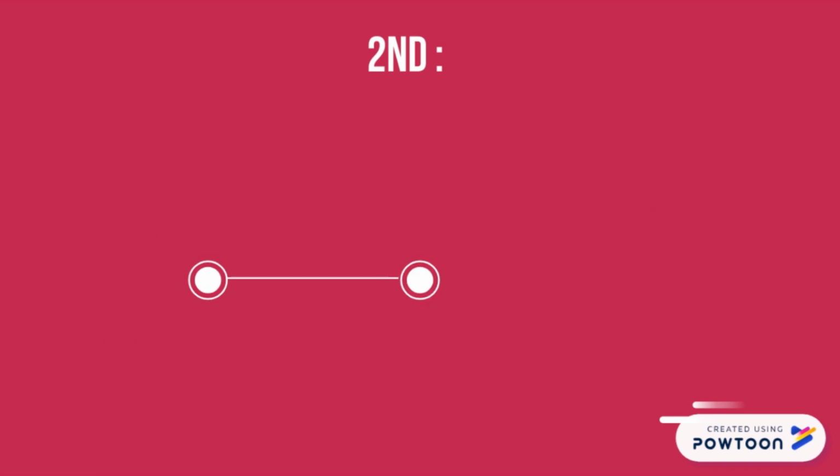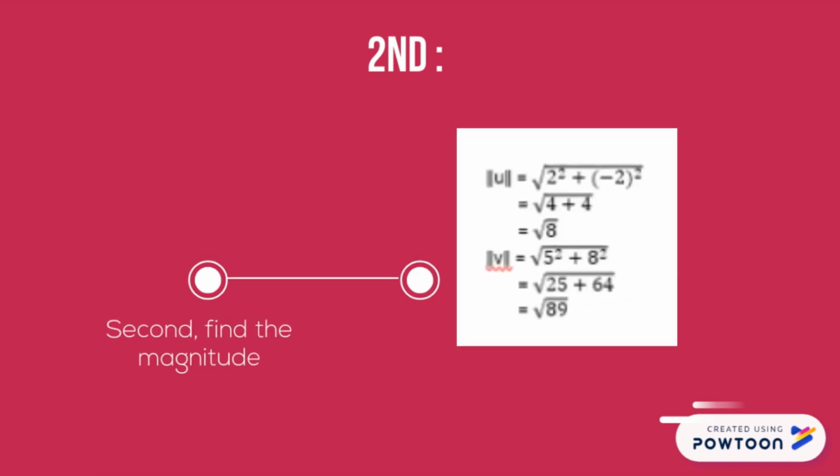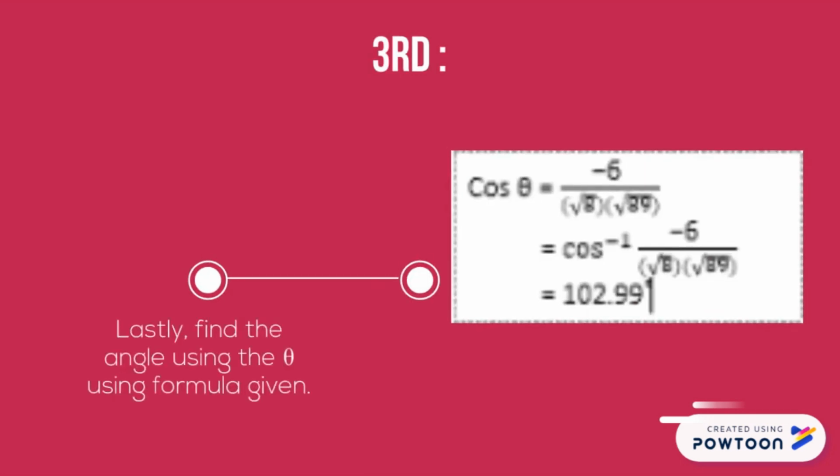For the second step, we should first find the magnitude of the two vectors. This will be the last step in finding the angle between vectors. We should apply the formula given above.